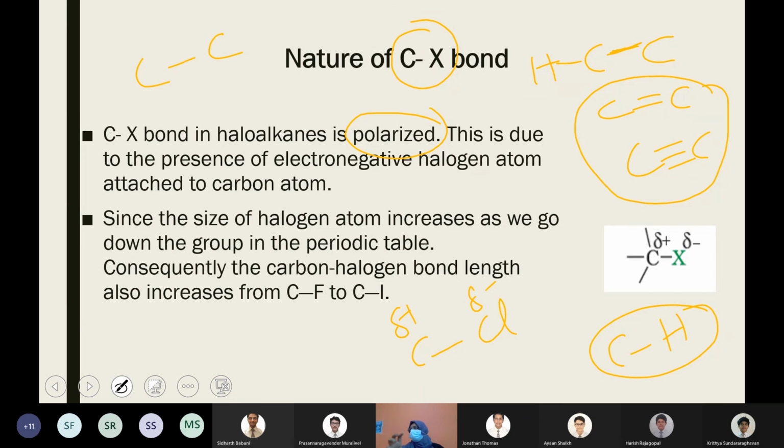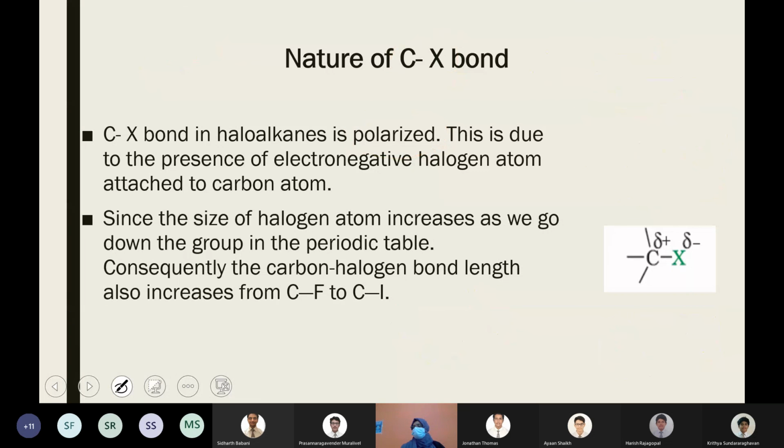That is why, among all the organic compounds, hydrocarbons are least reactive, because their bonds are non-polarized. And carbon-halogen bonds are polarized, because of which haloalkanes and haloarenes are more reactive than hydrocarbons. Anyway, we'll continue discussing this reactivity.